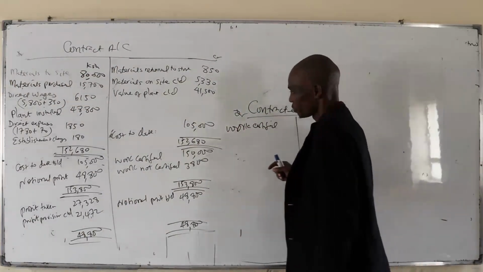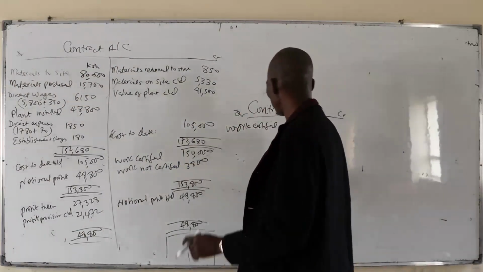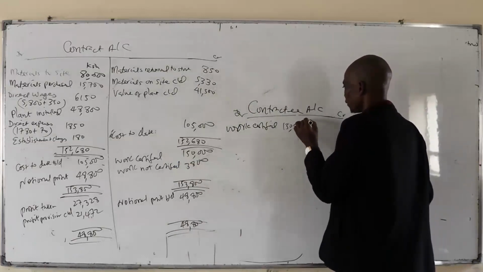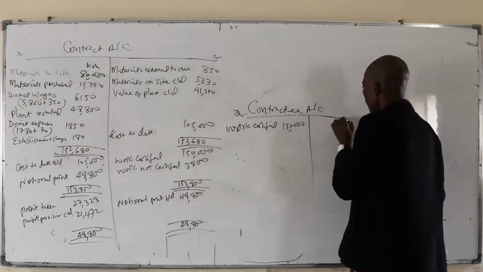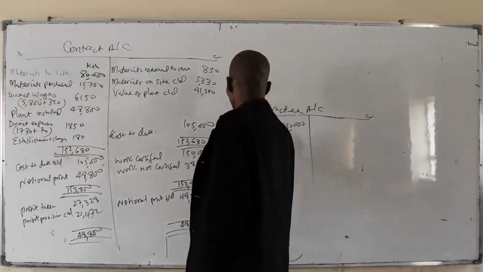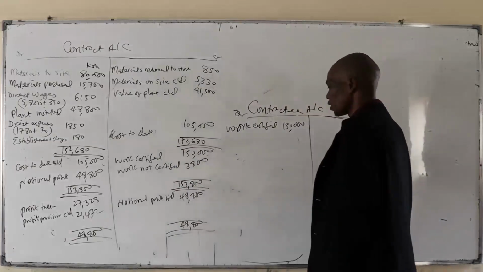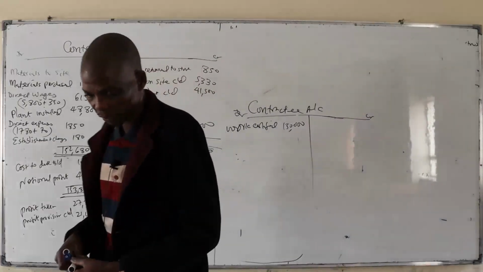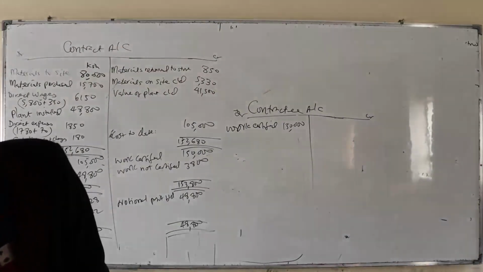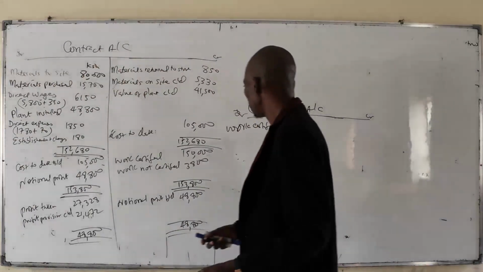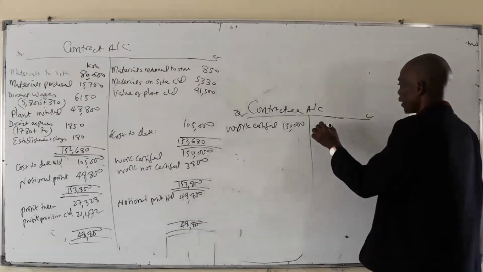In this case, the work certified was 150,000. Then we have the cash received. Your work certified, you debit, and the cash received, you credit. The cash that we received in respect of this contract was 126,000. You can receive it through cash or bank.